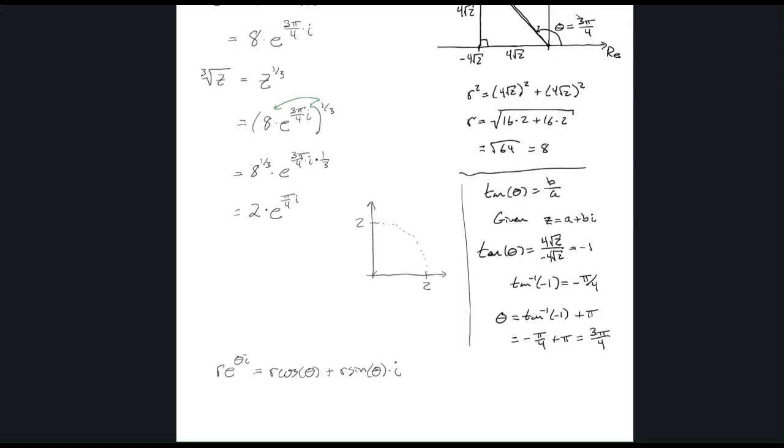So here's a radius of 2, an angle of pi over 4 is going to put us right about here.